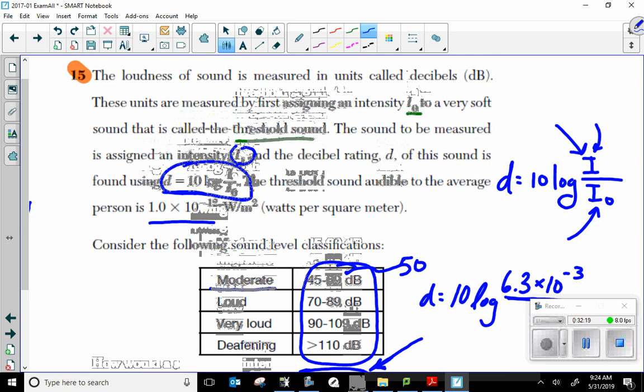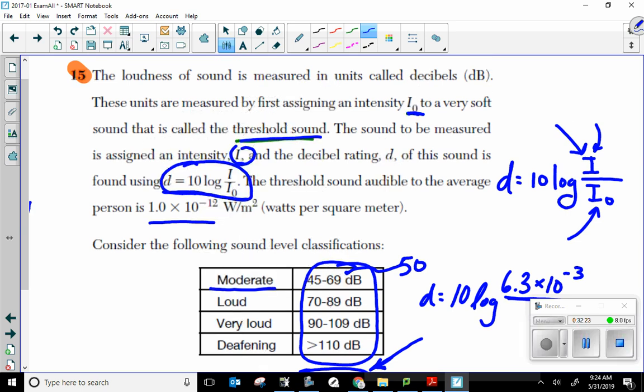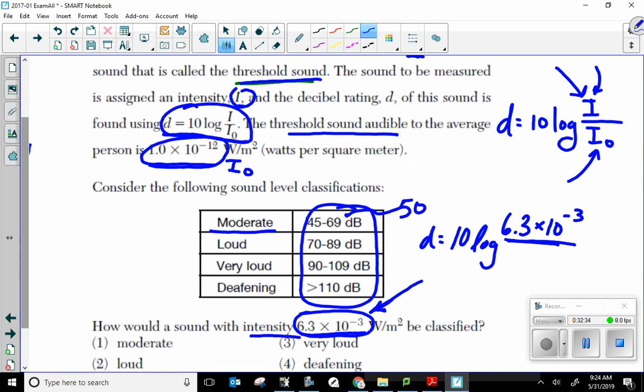I sub O is a very soft sound called the threshold sound. Where is our threshold sound? The threshold sound is this right here. This is I sub O, and this is I. You literally just had to take those and put them here and here and hit enter in the calculator. That is a very complicated paragraph to tell you to just plug in two numbers and hit enter. So let's do that.